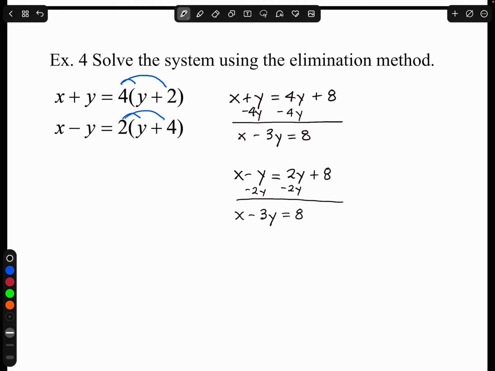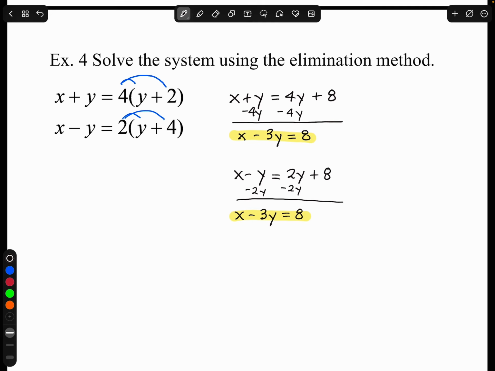We have x minus 3y is equal to 8. And what you hopefully are noticing here is we have x minus 3y equals 8 and x minus 3y equals 8. So this really means that these two equations are actually the same lines.